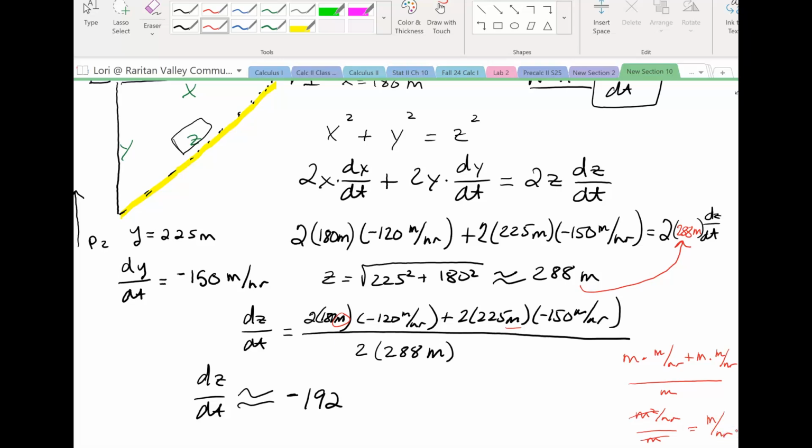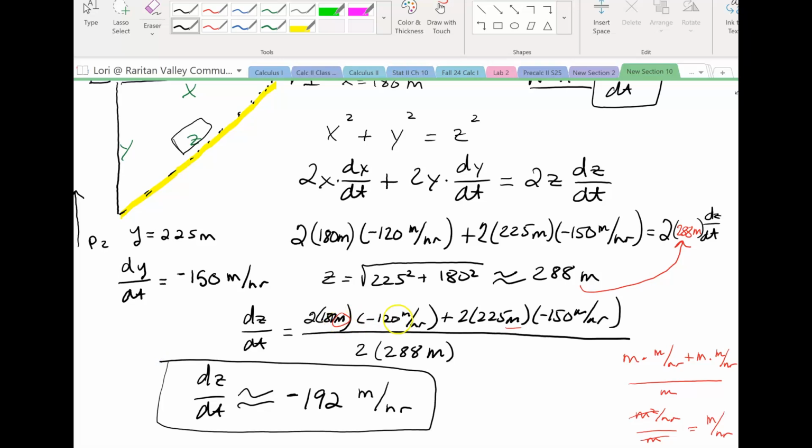Again, the reason I did that is just to remind you, you know, in science class you've always had to work out all your measurements to make sure they come out right? An m squared over hr and another m squared over hr, miles squared over hr divided by miles is going to leave you with just miles per hour, because the square is going to go away, which makes sense because that is just a rate of change, a distance, and that makes perfect sense.